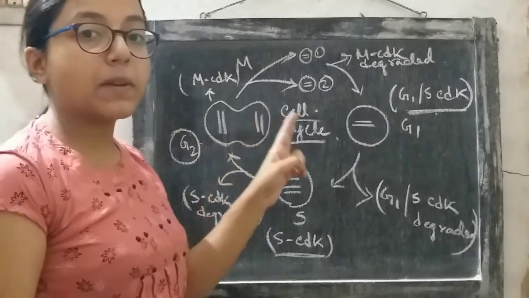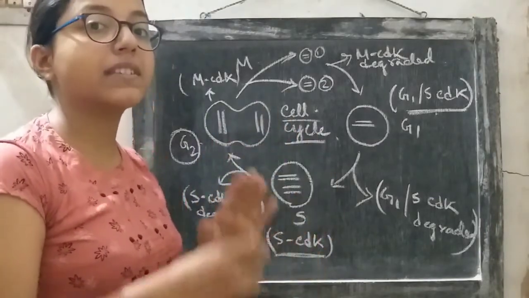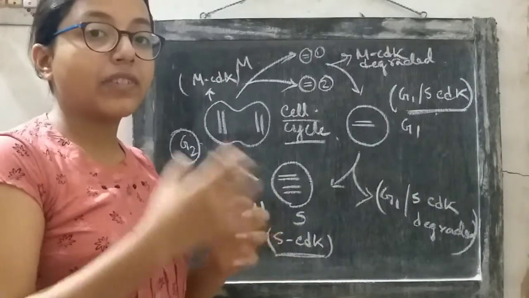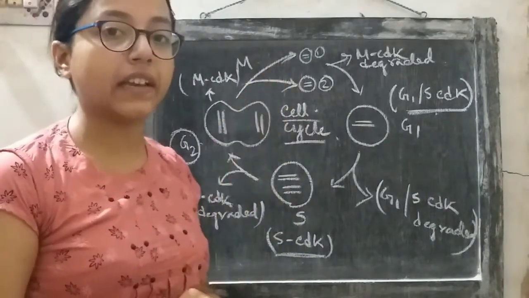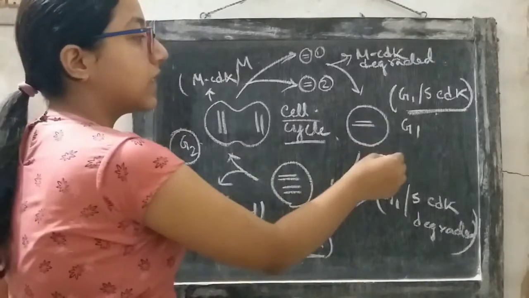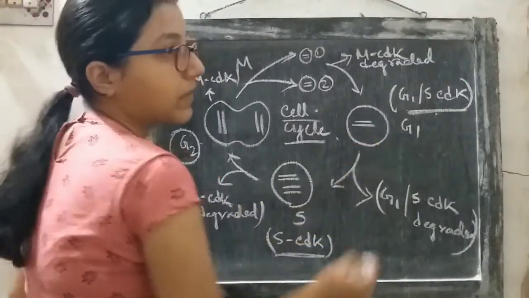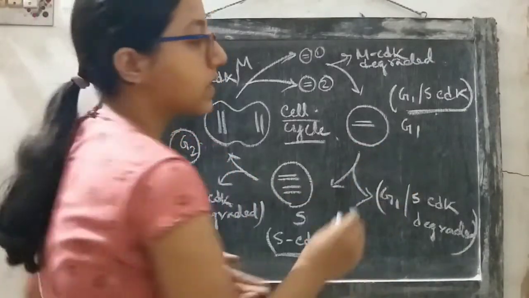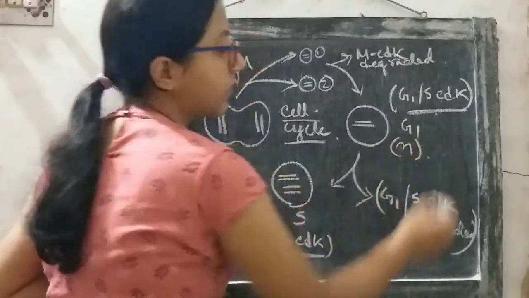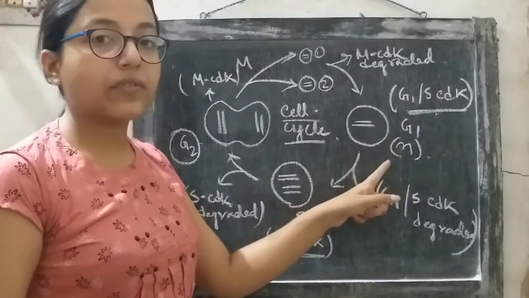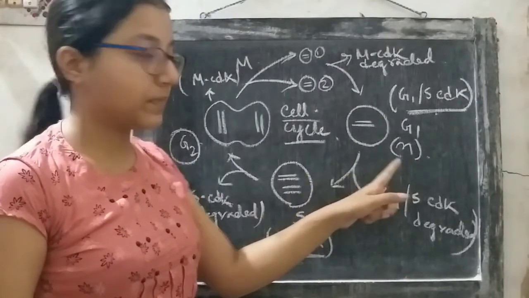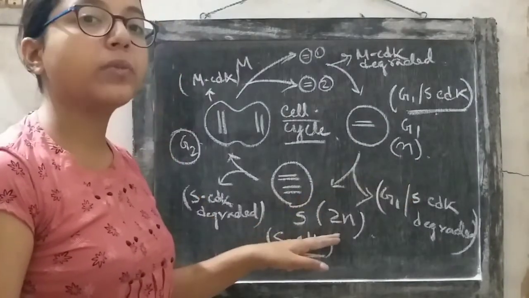After the completion of M phase, what happens? Cell division happens. After cell division, these daughter cells will contain a single DNA. So this is the concept. Initially there was one DNA. If the number of chromosomes is denoted by N, then in G1 phase, the number of chromosomes is N. In S phase, the number will be 2N.